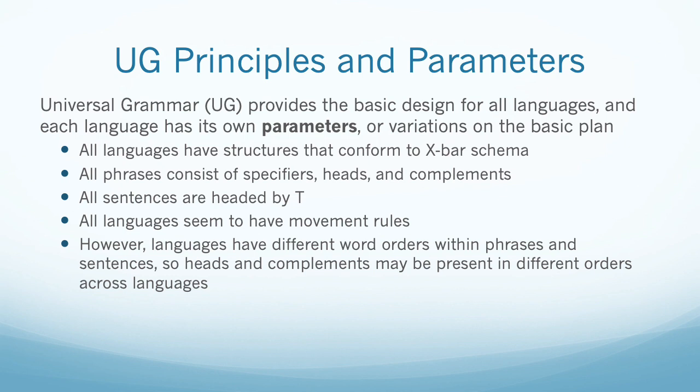And that's kind of what X-bar was meant to do. Also, all phrases consist of specifiers, heads, and complements. So that is related to the idea of X-bar schema. All sentences are headed by tense. So you can't have a sentence that doesn't have tense in it.